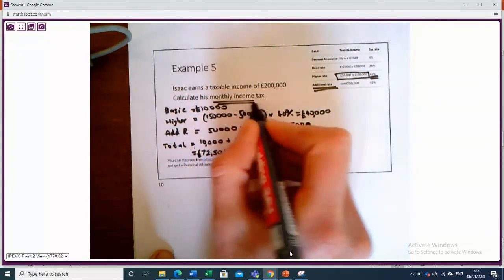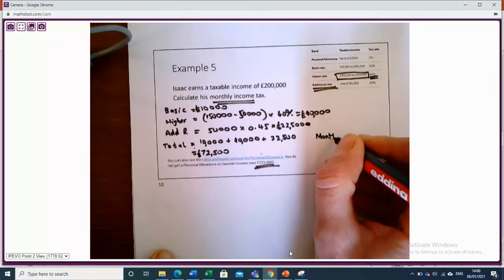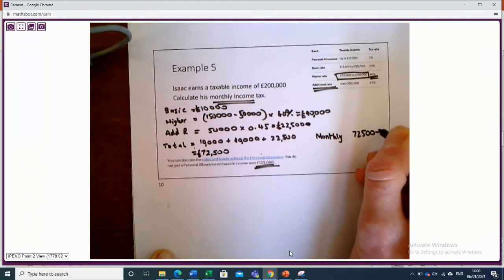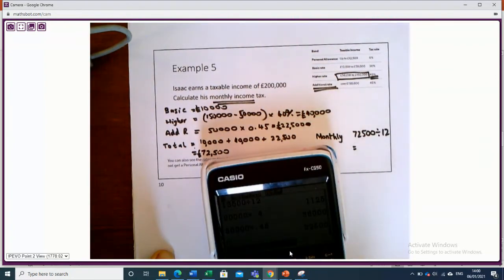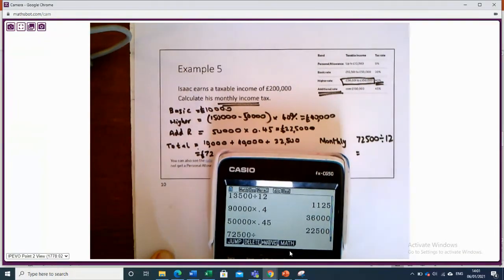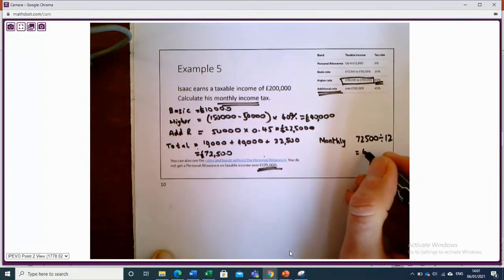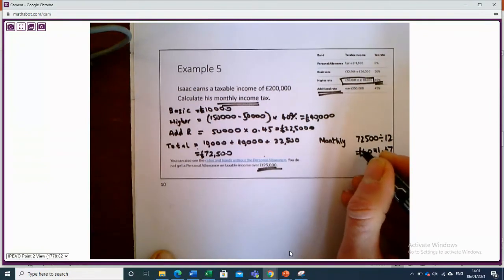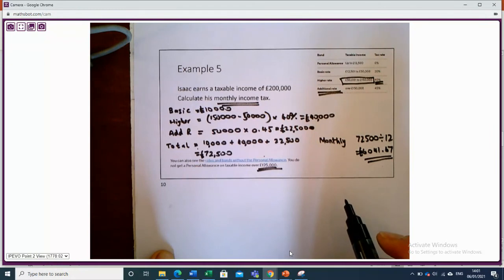We wanted monthly. £6,041.67 pence per month as your final answer.